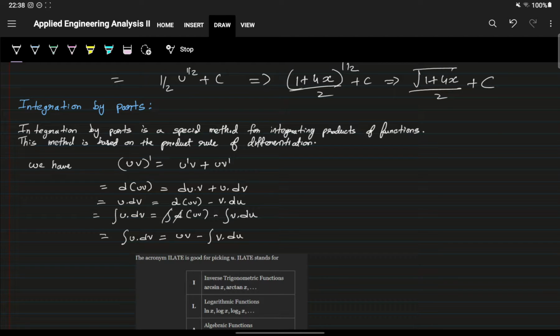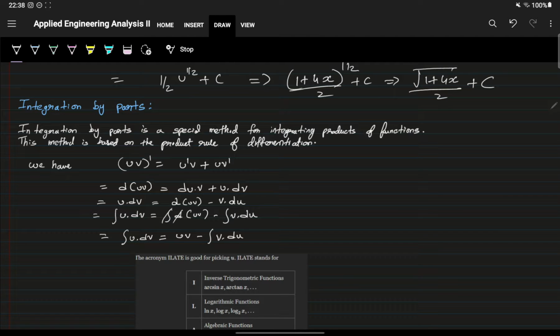Let's take differentials on both sides and convert the prime notation into Leibniz notation: d(uv) is equal to v du plus u dv. Then let's interchange terms, bringing u dv to the other side: u dv equals d(uv) minus v du.